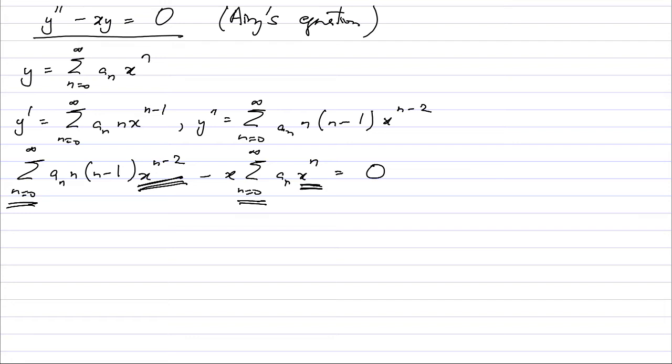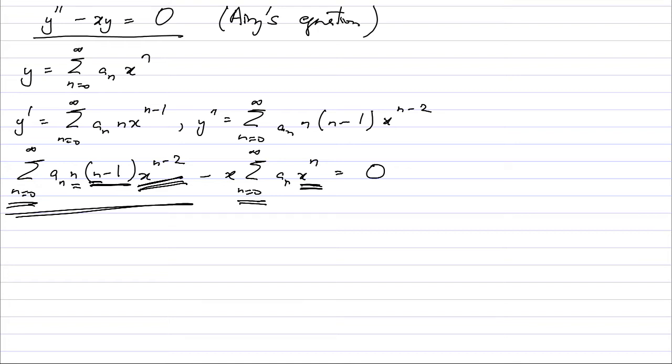The best thing to do is just to write down the first few terms of both the series. The n equal to 0 term for this series gives you 0 because of this n over here. The n equal to 1 term also gives you 0 because of this factor. The n equal to 2 term gives you something non-zero.